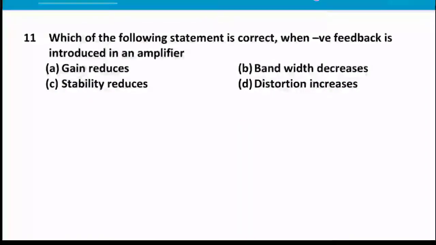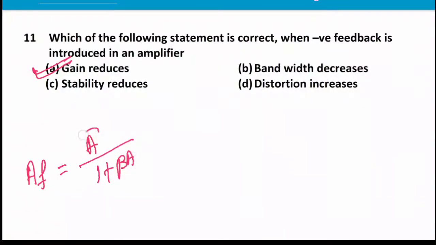Next question, which of the following statements is correct when negative feedback is introduced in an amplifier? Option A, gain reduces; option B, bandwidth decreases; option C, stability reduces; option D, distortion increases. This is gain reduces, because when feedback is introduced to the amplifier, the gain is reduced by the factor 1 plus beta A, where A is the amplifier gain before introducing the feedback.